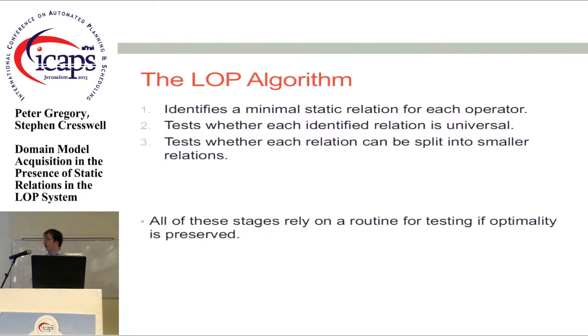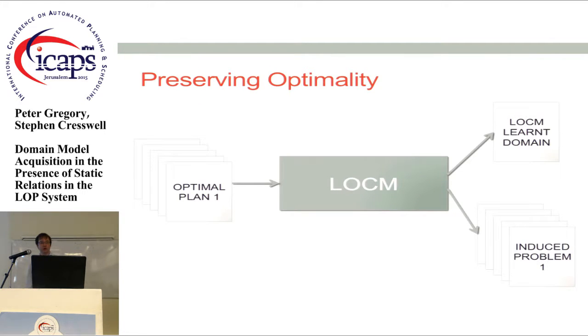All of these things rely on a routine for testing whether what we call optimality is preserved. You can think of Lockham as not only producing a learnt domain, but also a set of induced problems. We've got these input plans, and then we produce the equivalent problem files with respect to what that domain says.